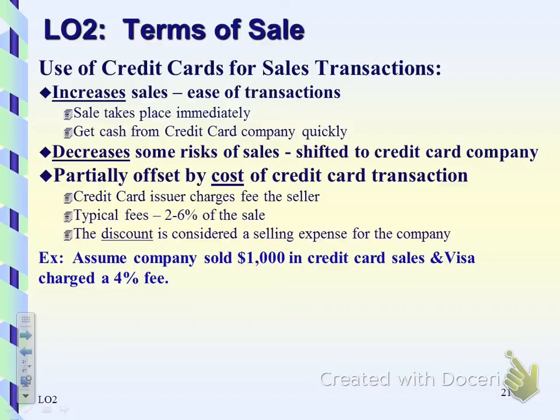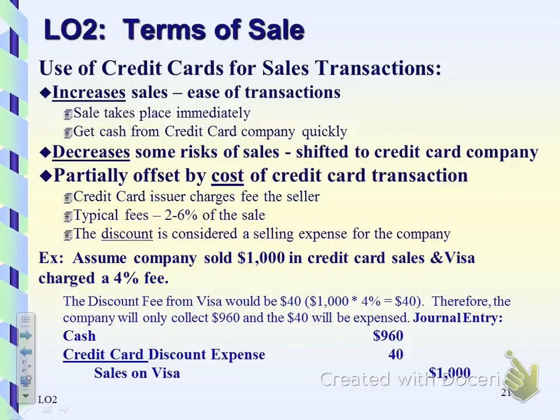So if we have a company and they sold $1,000 in credit card sales for the day, and then Visa charged them a 4% fee, this transaction is going to look just like this. They're going to get their money from Visa pretty much that day. Visa's going to put the money into their account, but Visa's not going to give them a full $1,000 for all of those transactions.